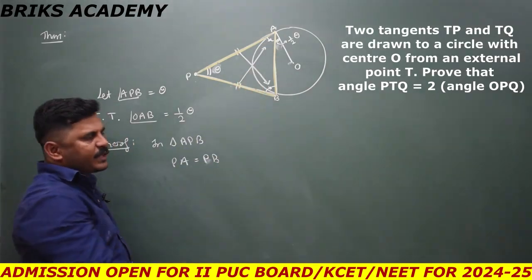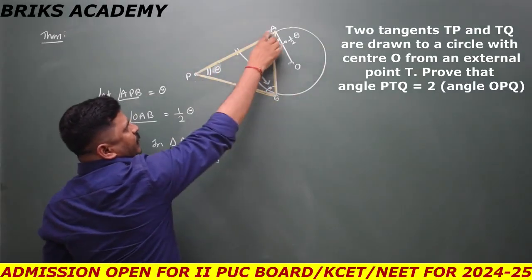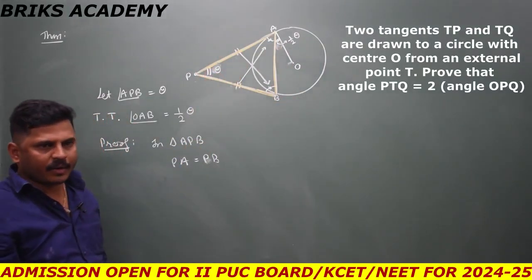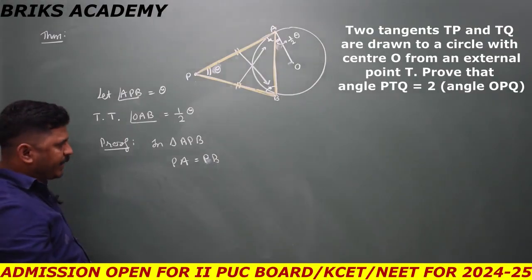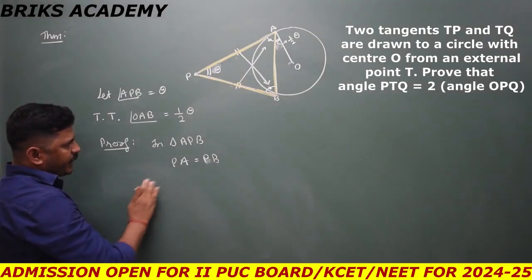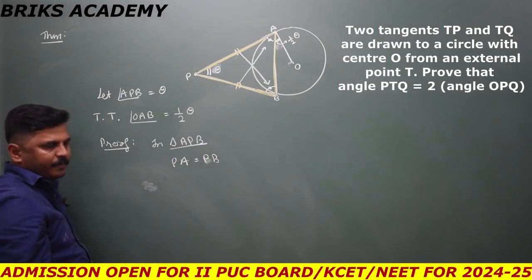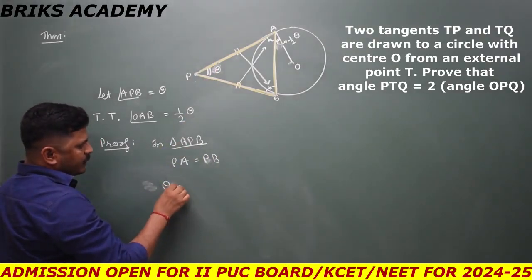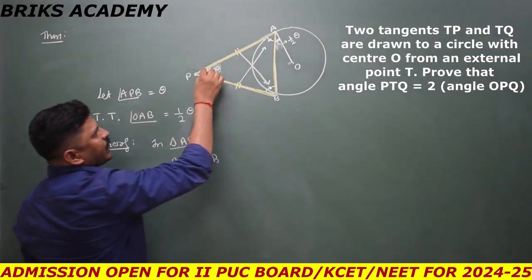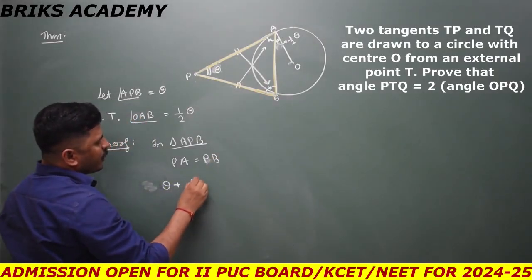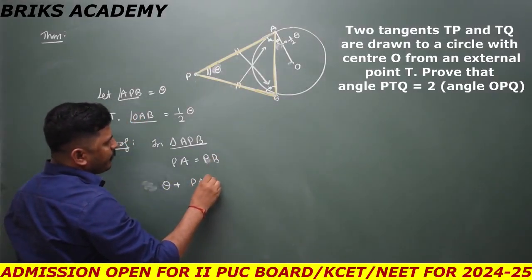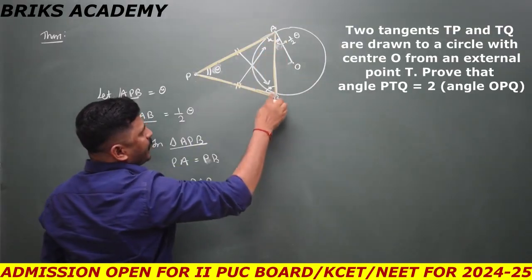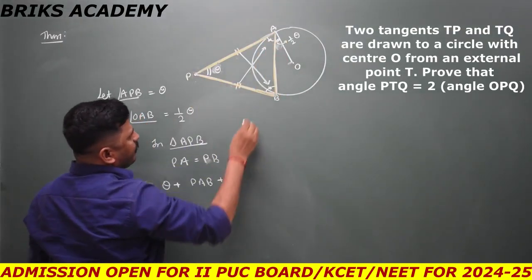Then, what is the sum of the angles of a triangle? Is it 180? That is, in triangle APB, is it theta plus angle PAB plus PBA.